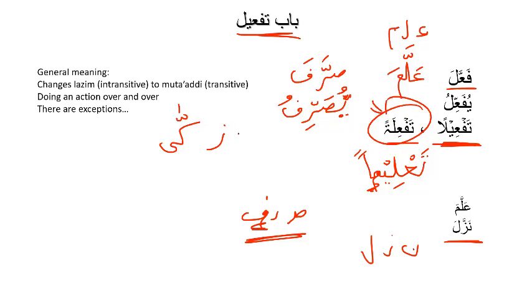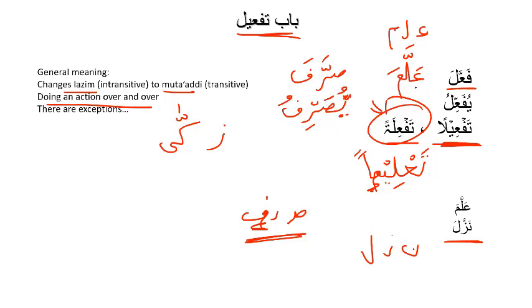And generally with this bab, in addition to this earlier concept of changing something from lazim to mutaaddi, there is also the implication of doing something over and over. So when we talk about sarrafa yusarrifu, the winds keep changing direction over and over.